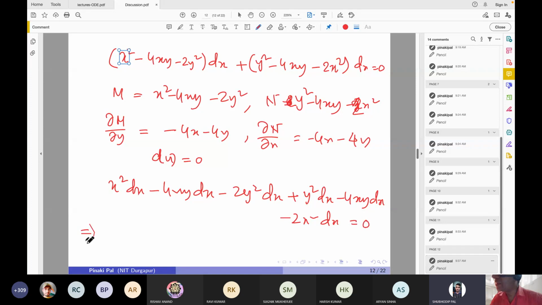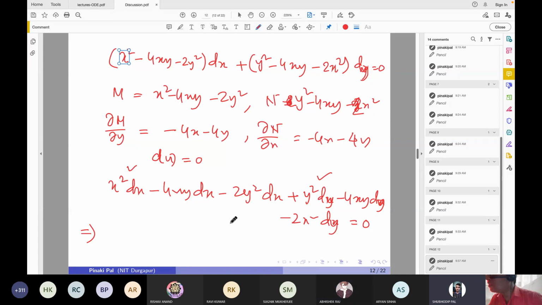Now we will arrange. x square dx is a nice term, and y square dy is also nice.